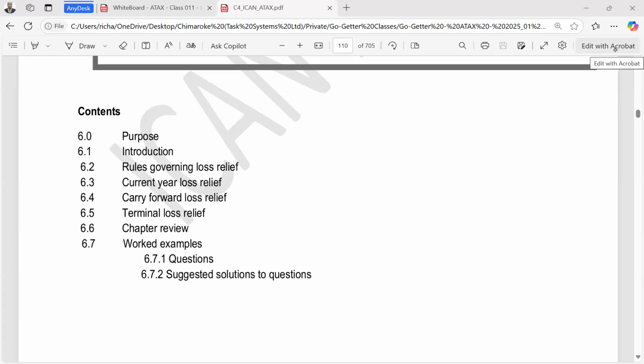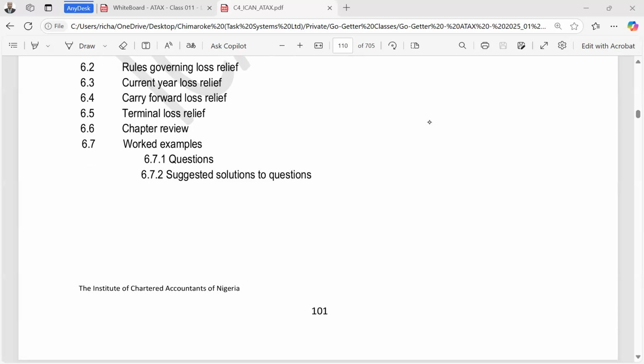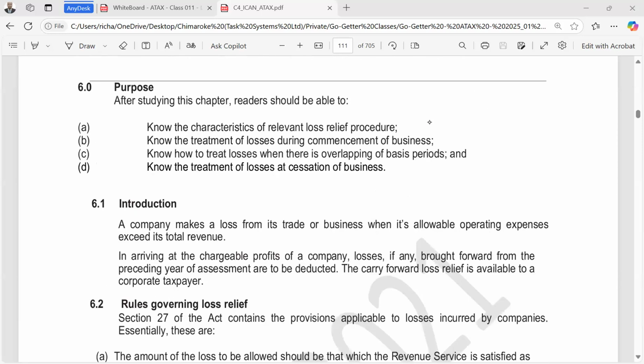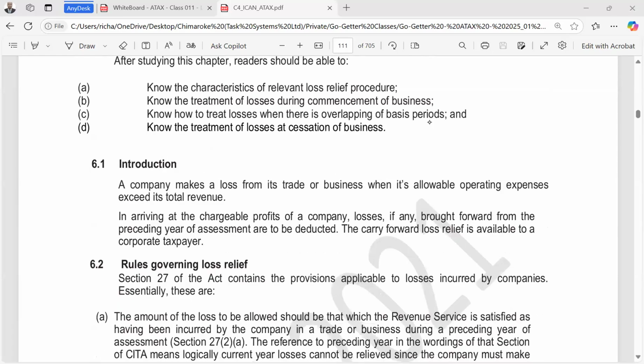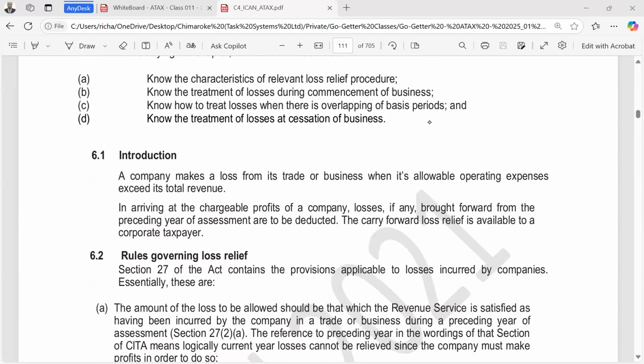All right. So if that's the case, let's get down to business. Now, what is a loss? A loss is the opposite of making profits. Every business wants to make profits. No one wants to make a loss.